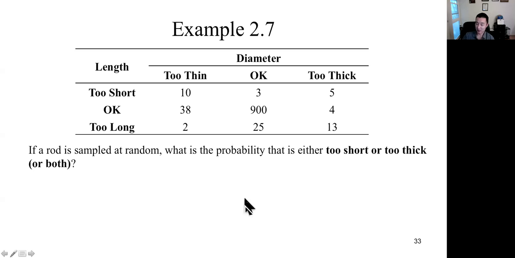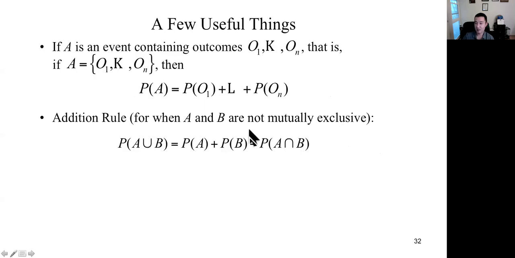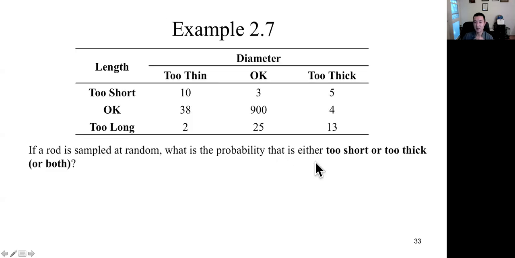Okay, but based on the equation we just discussed, we need to minus the intersection of these two events. Okay, P(A and B). What is the intersection? The intersection of too short and too thick is here, 5. Okay, so we have 5 rods which are both too short and too thick.